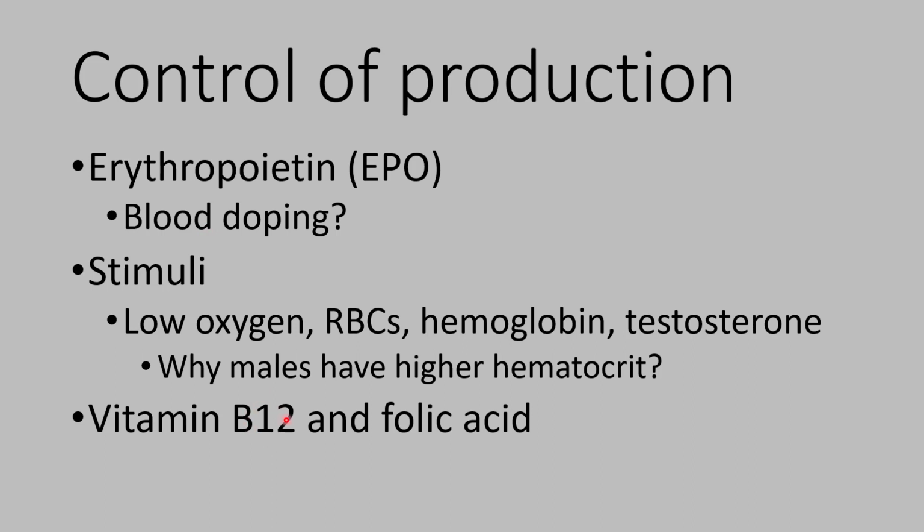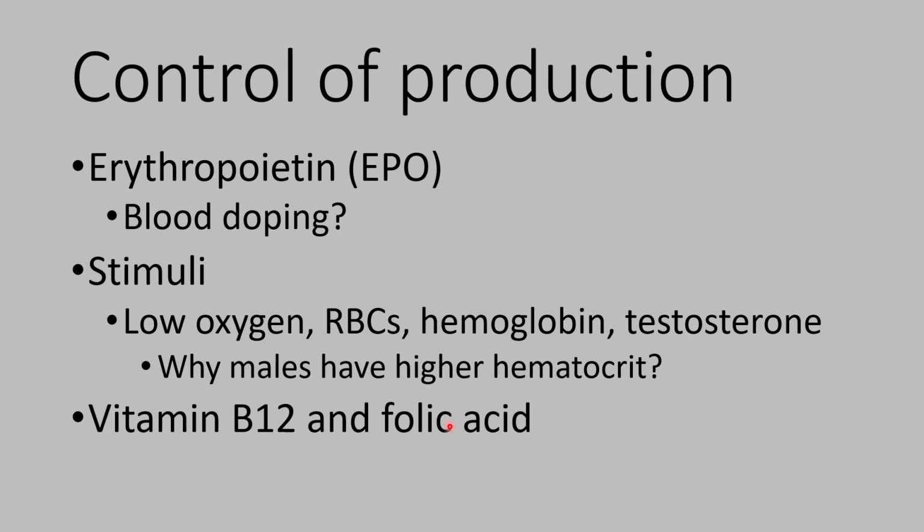Vitamin B12 and folic acid are both needed for red blood cell formation. They're both needed for DNA production. They are also both needed to absorb iron from your diet.